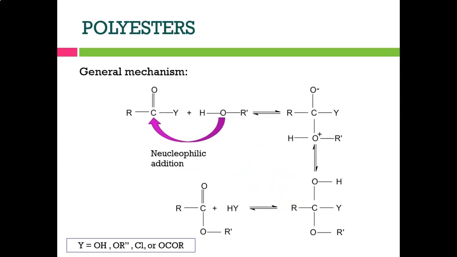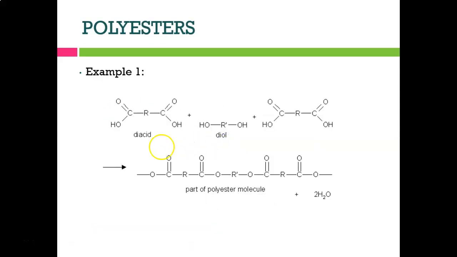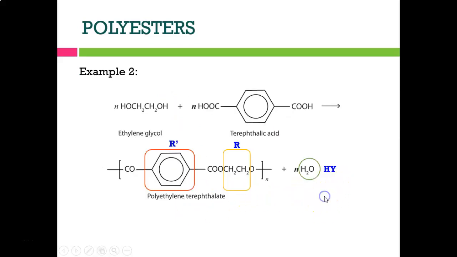This is the preparation of polyester, involving the nucleophilic addition of the OH group to attack the carboxylic acid structure. This is the mechanism of polyester. For example, the monomer diacid reacts with diol in the presence of COOH, carboxylic acid, to produce part of a polyester molecule, and don't forget about the byproduct.